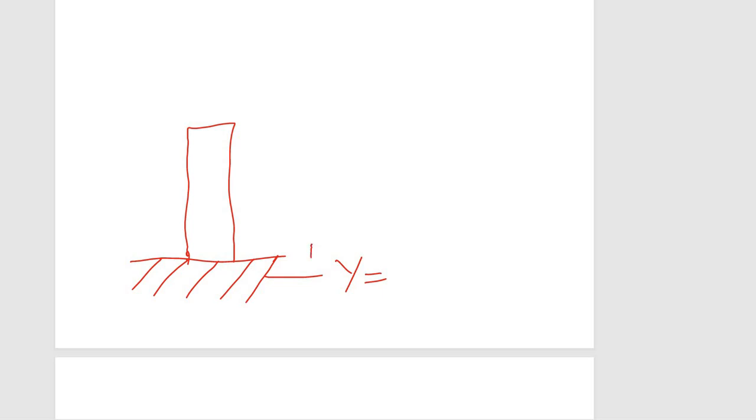Remember, earthquakes cause tremors, either up and down or swerving from left to right.